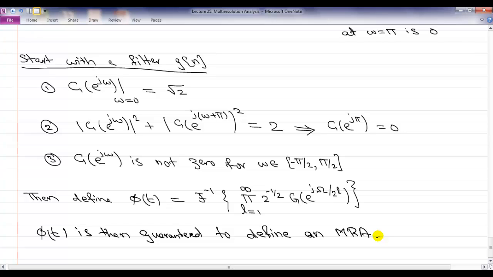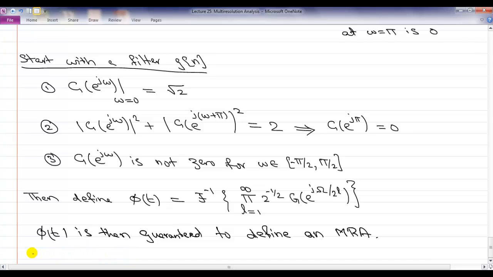We are still some time away from talking about the wavelet aspect of it, because we still have to define the wavelet from this definition. Okay. But up to this point, if you start with a filter g of n which satisfies these properties, and the filter ends up being a low-pass filter, and you define phi of t in this manner, you are guaranteed to get a multi-resolution analysis. So for example, rather than talking about the Haar scaling function, you can actually define that from the perspective of the filter.